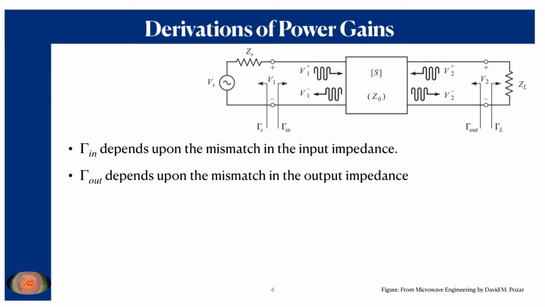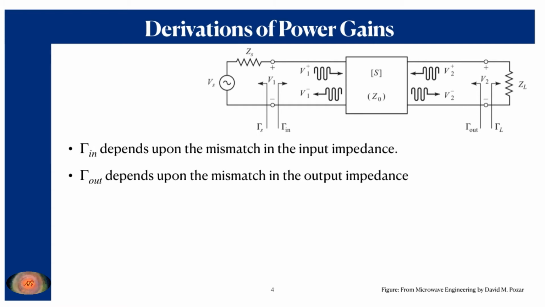Since in this particular case our objective is to relate the S parameters, meaning the parameters of the S matrix, that means V1 plus, V1 minus, V2 plus and V2 minus, these elements of the S matrix we should relate with the associated reflection coefficients.